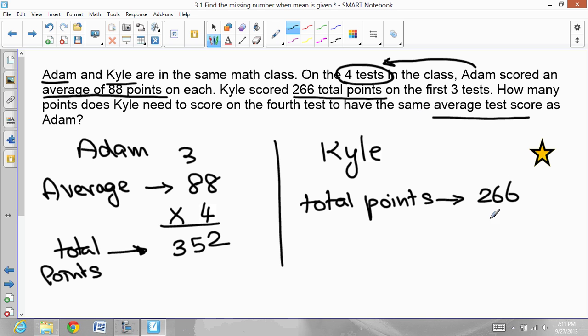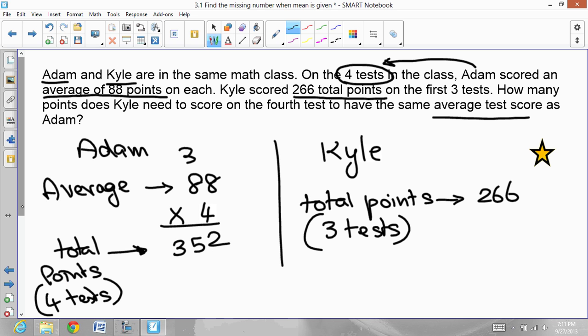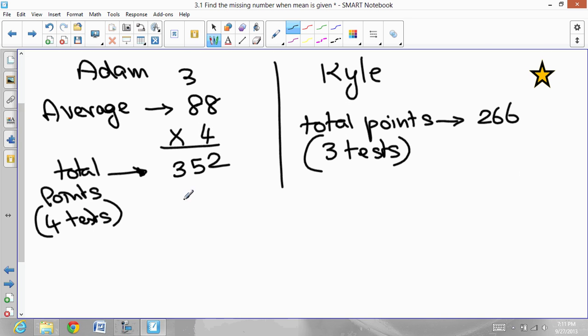So Kyle's total points for the 3 tests comes to 266. Adam's total points for the 4 tests comes to 352. So you want to find how many more points Kyle needs. So let's take Adam's total points, 352, and subtract Kyle's total points, 266.